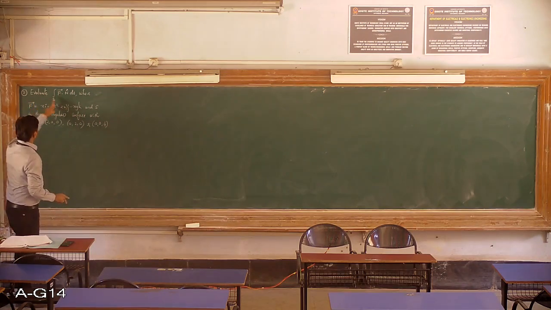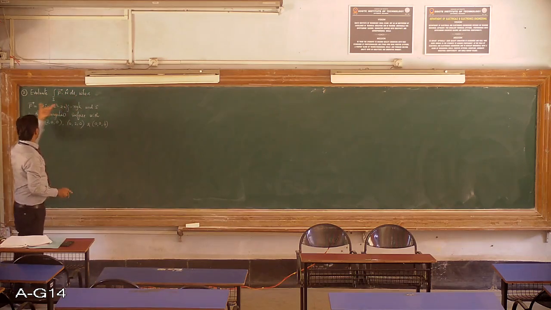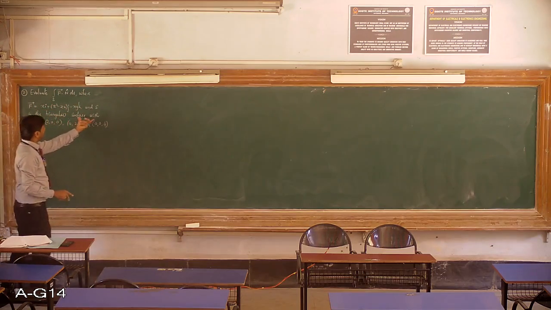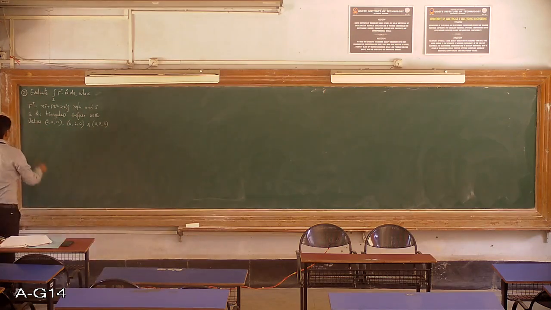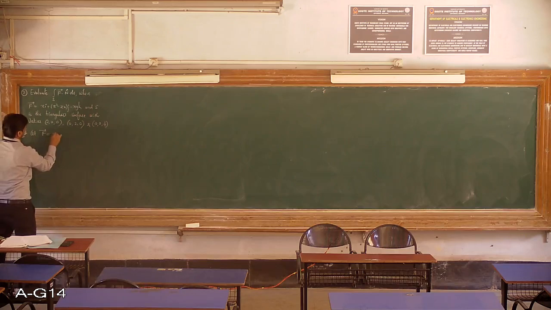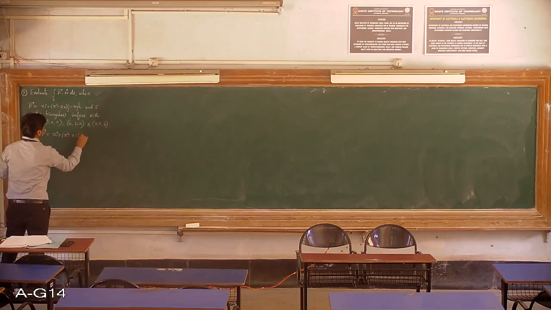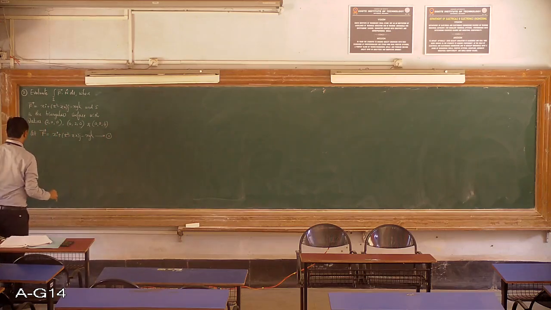You can see evaluate, that means we need to find the value of this. In the previous example we proved that this is equal to 132, and now here we are evaluating. So we need to find the value of this, where F is given and S is a triangular surface with these 3 vertices. Okay, so now the solution. Let's first write what is F. F is equals to xi plus z square minus zx j minus xy k, and call it equation 1.